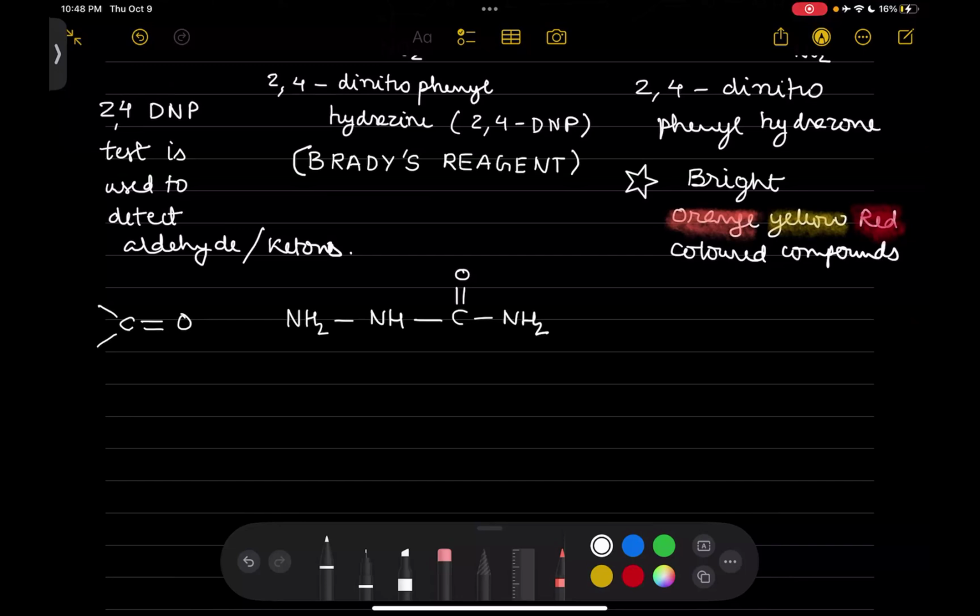This is known as semicarbazide. Got it? And the product is made in the same way in which we formed the above product.